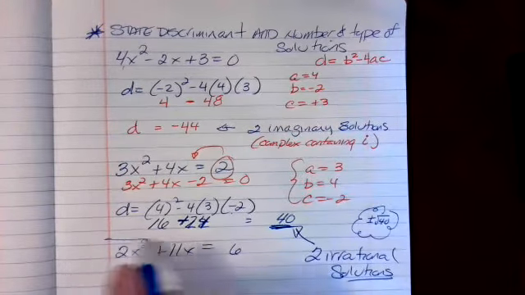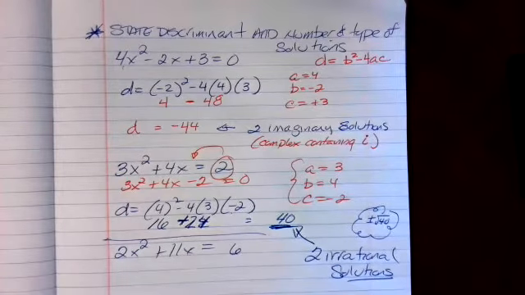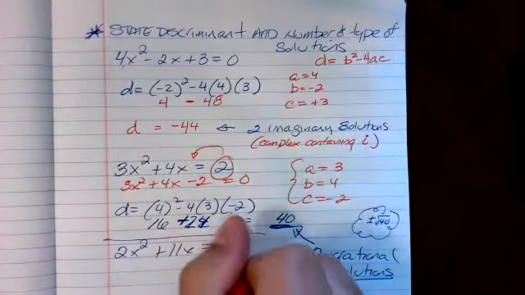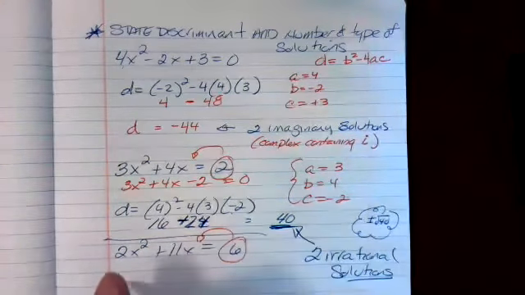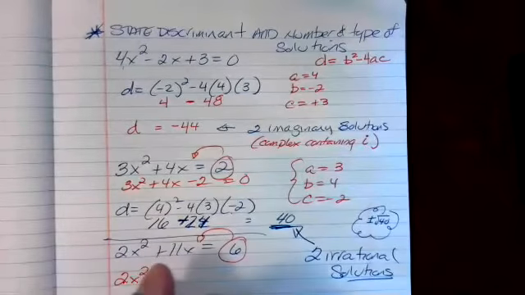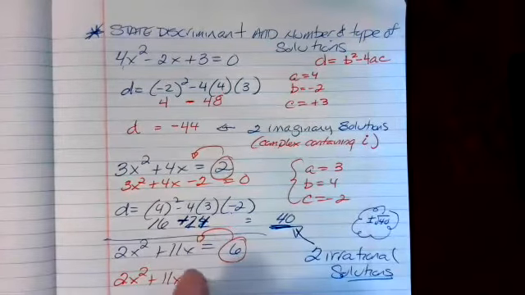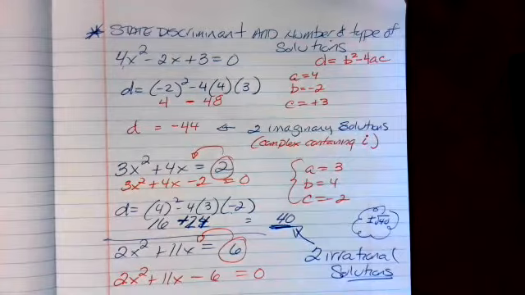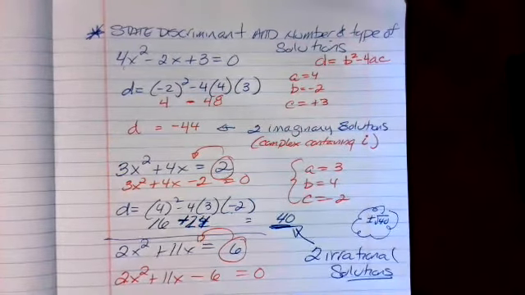And then in this last example, again, I want the equation set equal to 0. So I'm going to have 2x squared plus 11x minus 6 equals 0. A is equal to 2, B is equal to 11, and C is equal to -6.